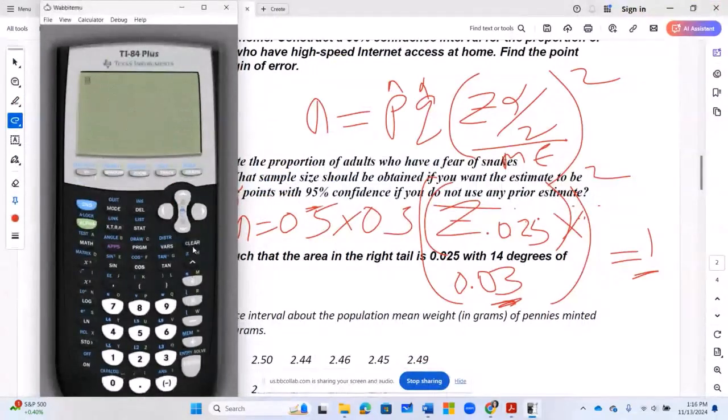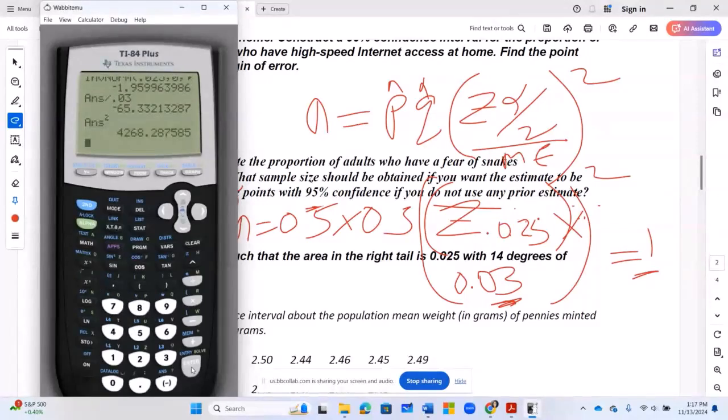Okay, so I'm doing the recalculation. So inverse norm, everything is still here. I calculate the critical value for 5%. And I get an answer, divide by 0.03. I get an answer, then I square it.